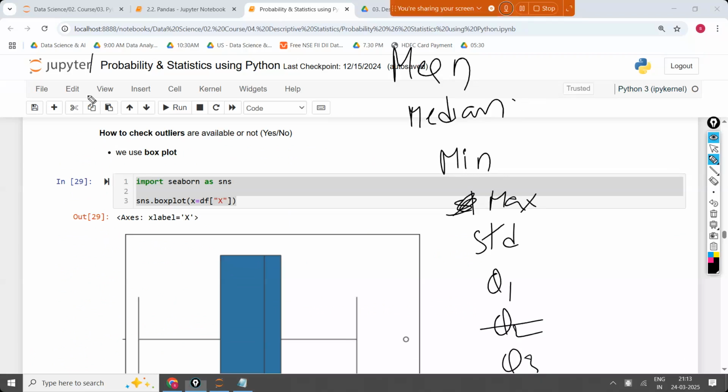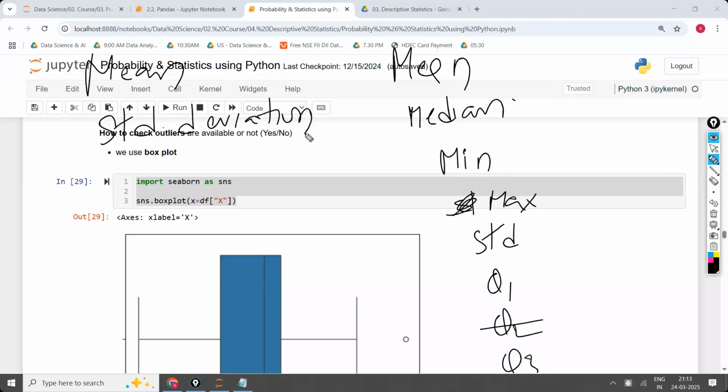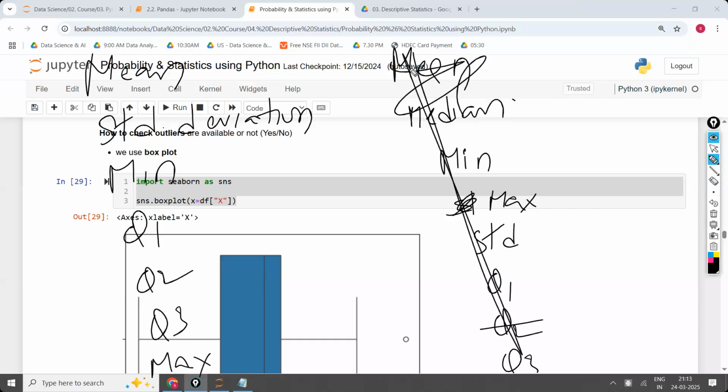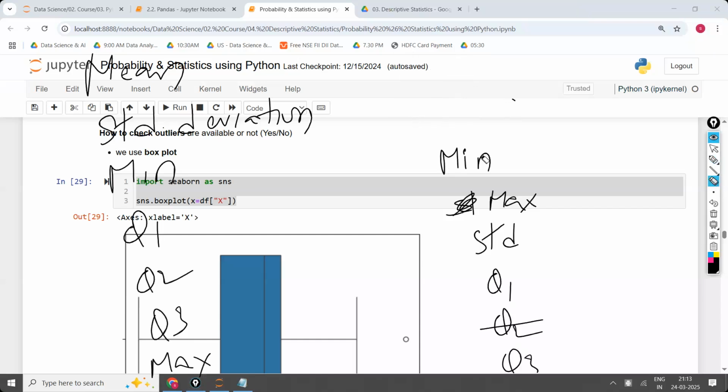So now we have the mean value, standard deviation value, minimum value, Q1, Q2, Q3 and maximum value. So these are all the statistical measures which we have to have, right? Is that clear now, everyone?